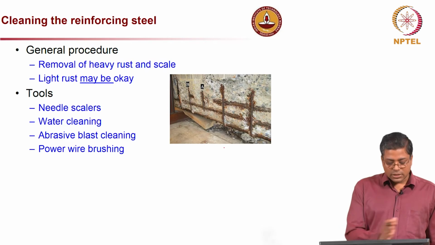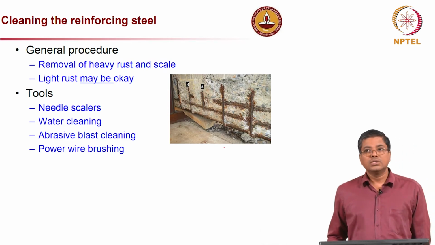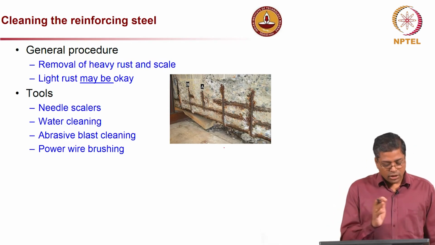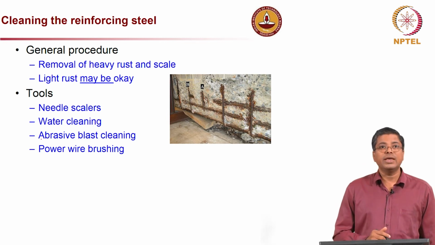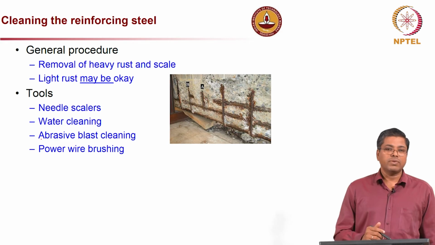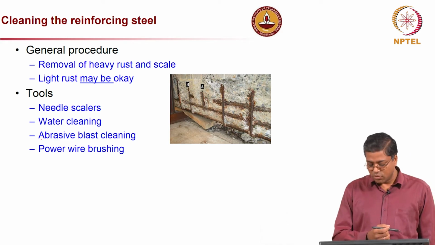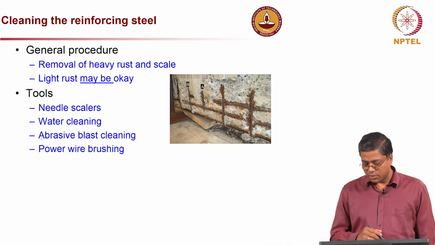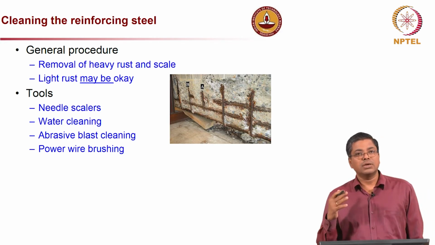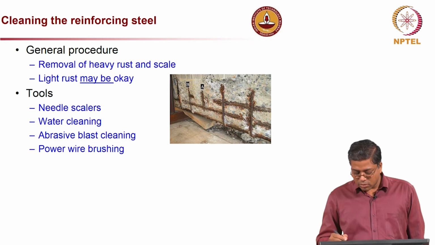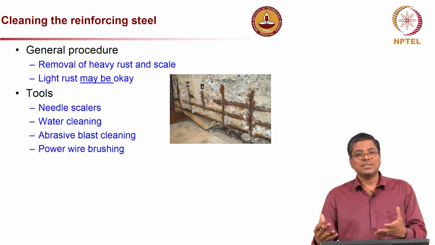Now, let us talk about the steel reinforcement, not the concrete, but the steel bars, how do we clean the steel bars, because it is also very important. After the concrete is removed, you can see on this picture here, the concrete is removed, but now you can see corroded steel rebars. So, what do you do before placing the repair material?